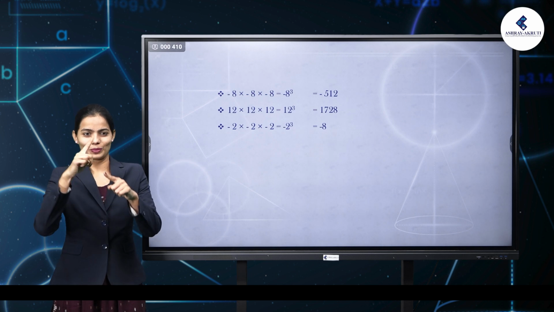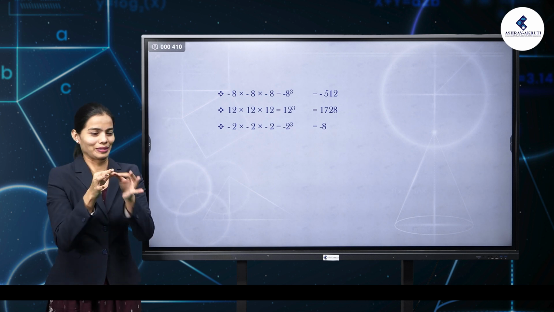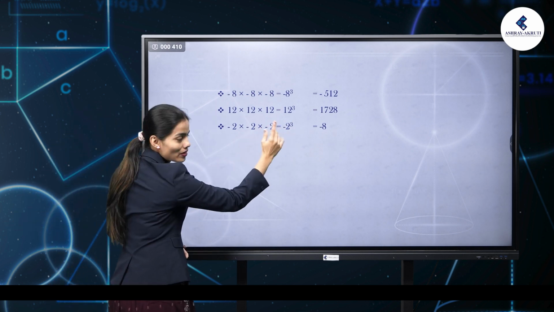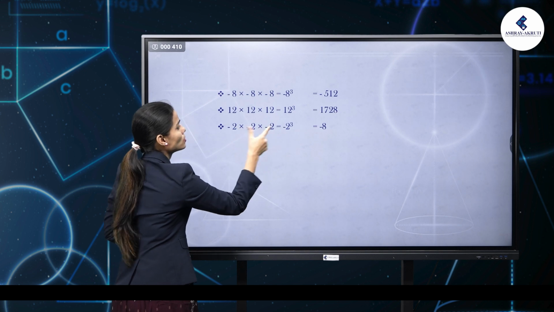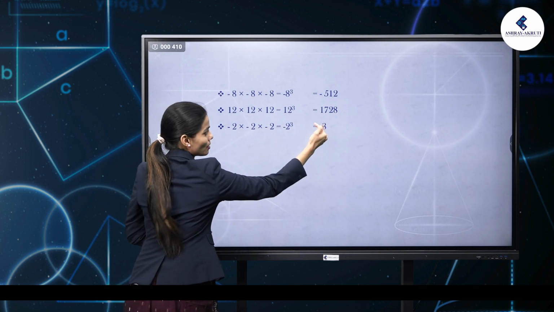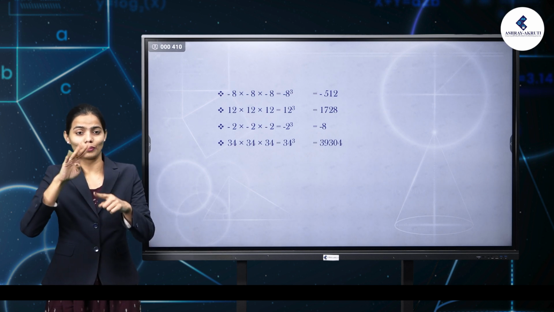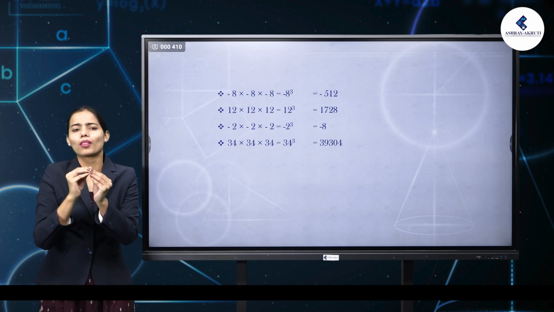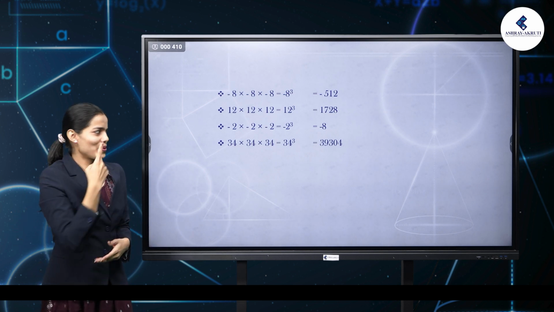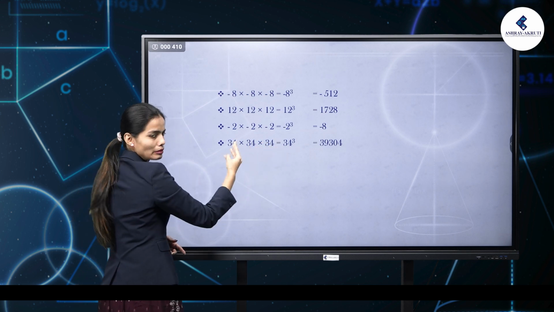Minus 2 into minus 2 into minus 2 is equal to minus 2 cube is equal to minus 8. 34 into 34 into 34 is equal to 34 cube is equal to 39,304.